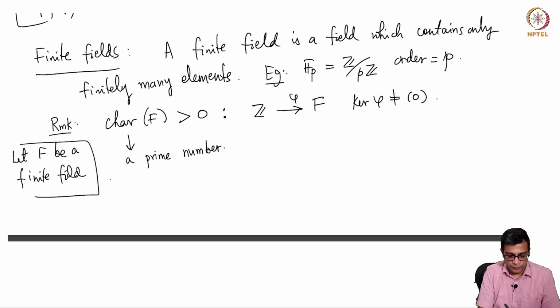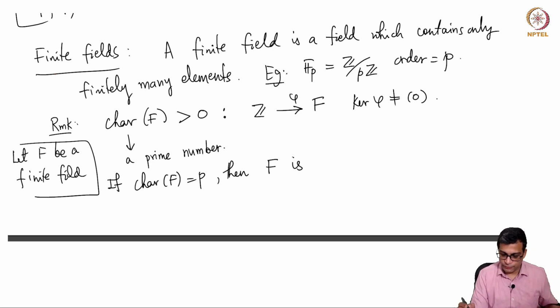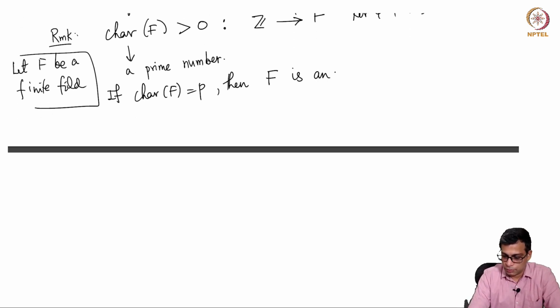And further, if the characteristic of F is p, let's say, then F is an extension of Z mod pZ, let me write it as Fp, right?